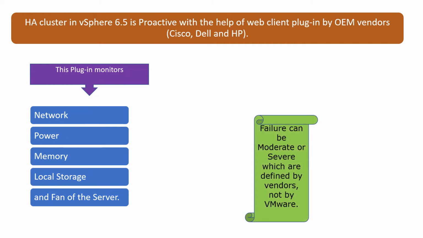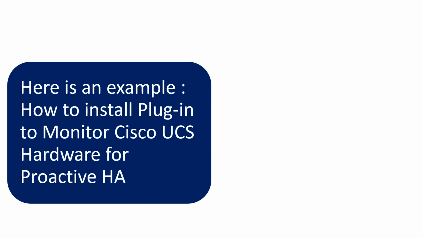These failures can be divided into two categories, moderate and severe. This moderate and severe category is given by the vendors and not by VMware. So let's see the vCenter monitor integration for Cisco UCS as an example for proactive HA.